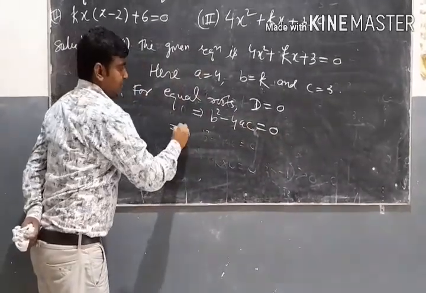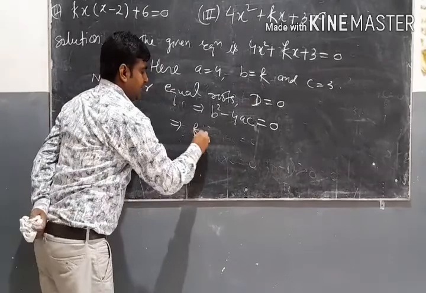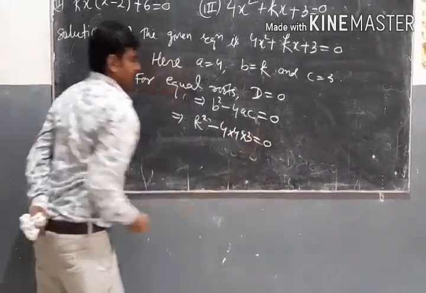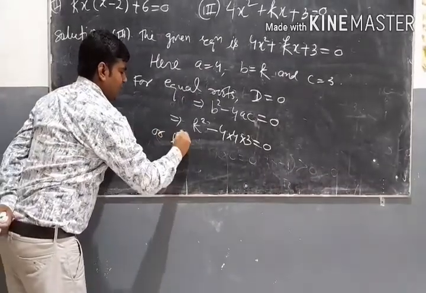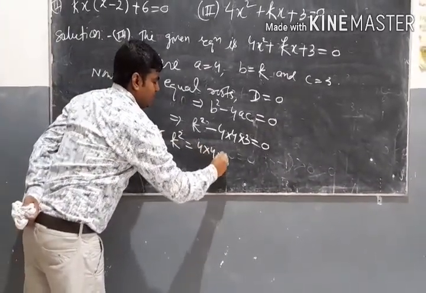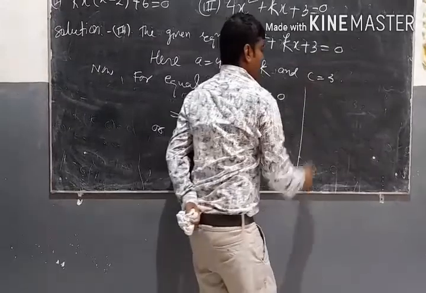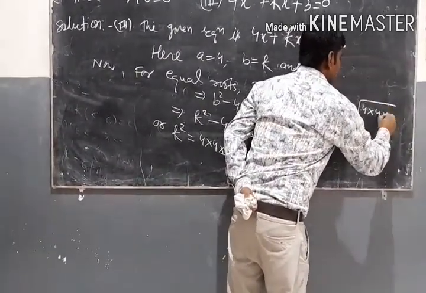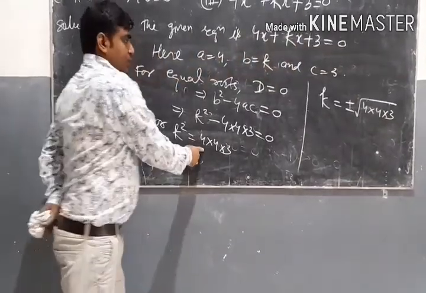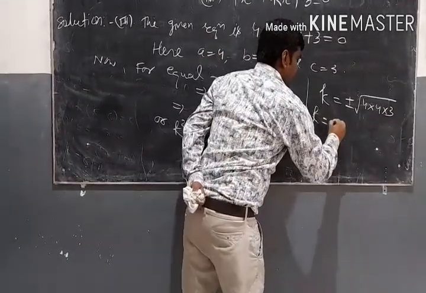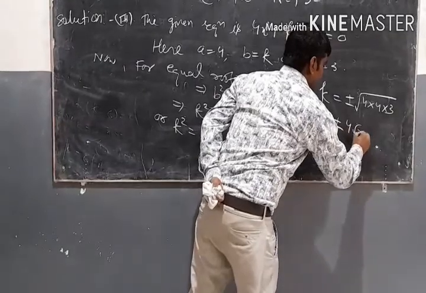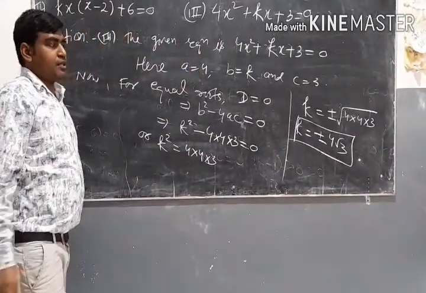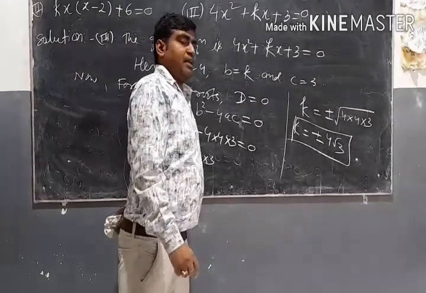So putting the values of a, b, c, we have k square minus 4 into 4 into 3 is equal to 0, or k square is equal to 4 into 4 into 3, or k is equal to plus minus under root 4 into 4 into 3. So here we have k is equal to plus minus 4 under root 3. So this is our required solution. The value of k is 4 under root 3 or k is equal to minus 4 under root 3.